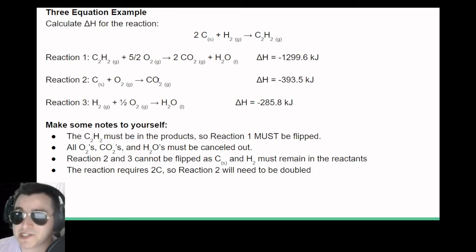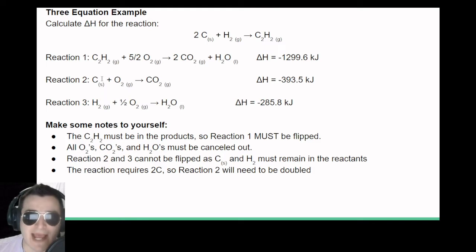But the reason why this is fine and dandy is because this reaction, too, only has 1 C. But the overall reaction has 2 C's. So we have flipped reaction 1, and we now understand that we have to multiply reaction 2 by 2. That's French for 2.